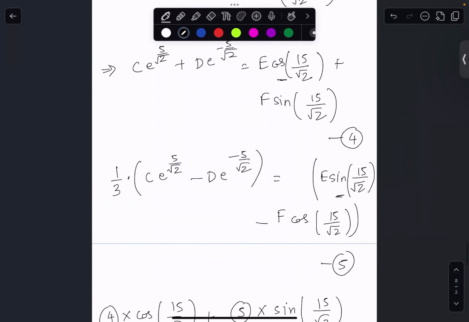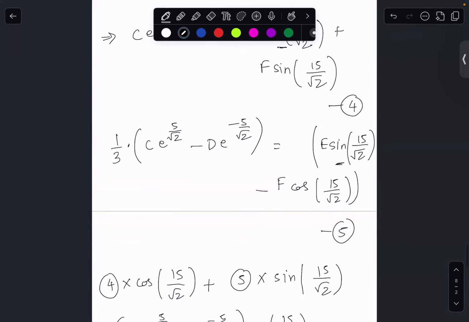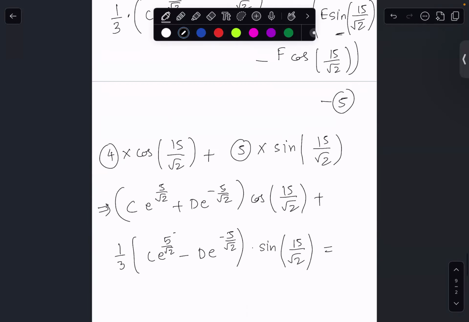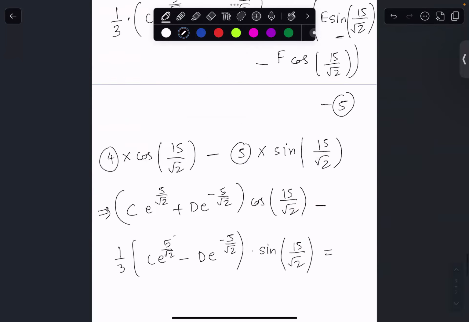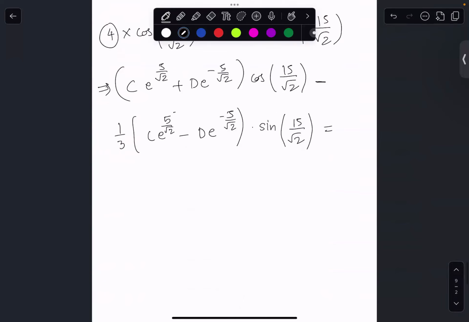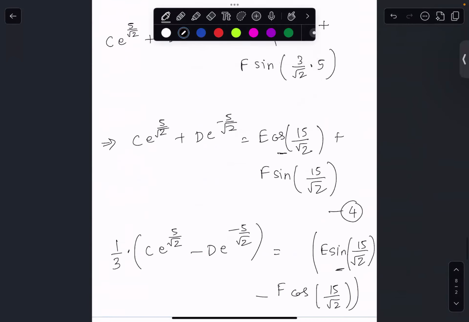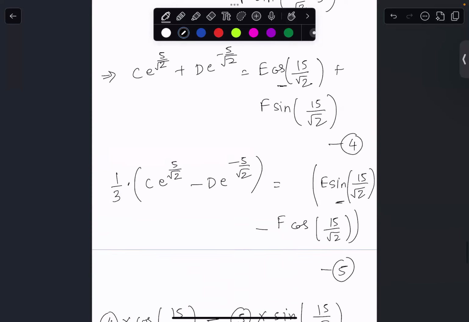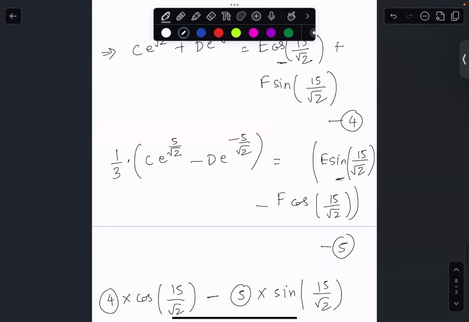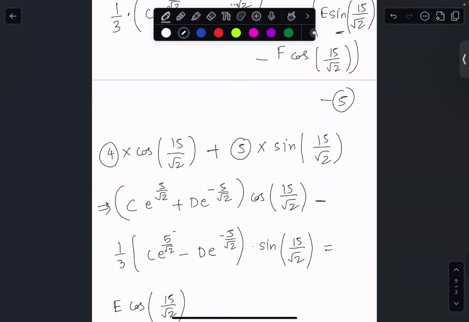again on left and right hand side I will have, okay, so I will have to subtract these equations. Now I realize, so I will have this minus this, and this should be e cos of 15 upon square root of 2, sorry, it should be plus.